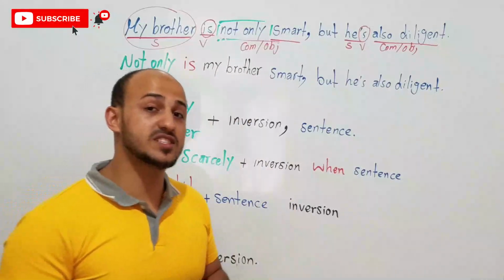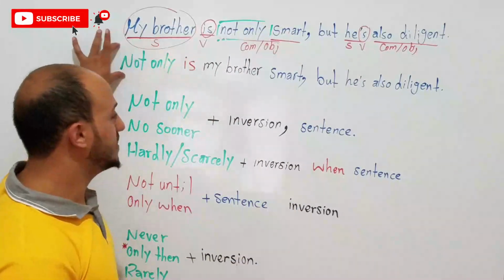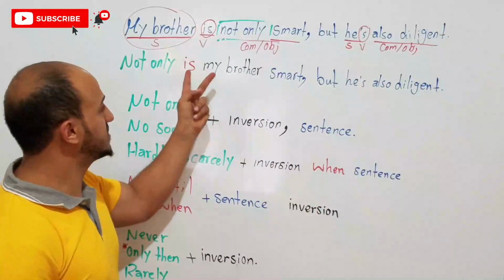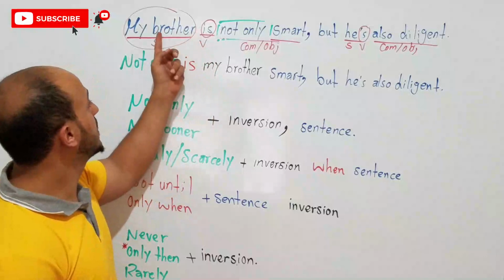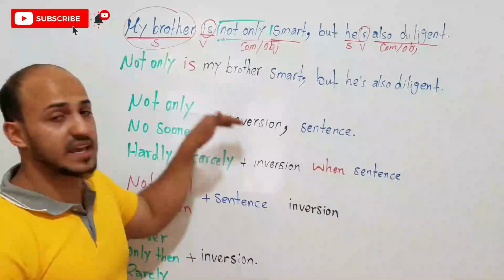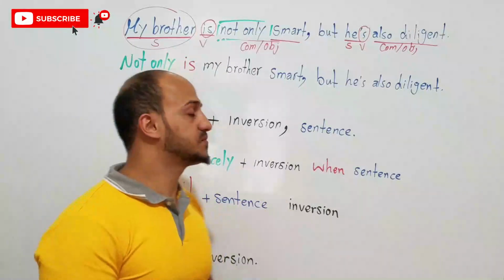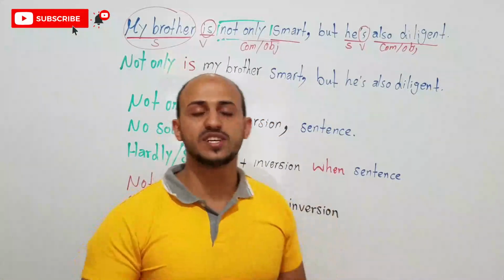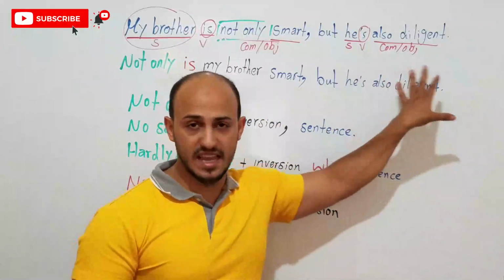So what is the inversion, teacher? This is the inversion. You have a key, the key for the inversion. And the inversion is you replace, okay, you change, you switch the subject and verb. You switch them, okay? And it's still the same as like a sentence, all right? Good. So not only is my brother smart, but he is also diligent. Good. This one remains as it is, all right?